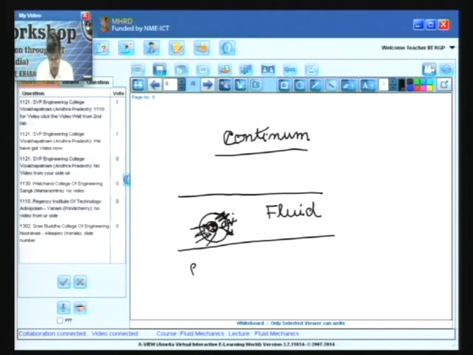Therefore, there is a restriction on the size dV, and the number of molecules residing within the small volume depends upon the molecular spacing, which depends upon the state of the fluid. For example, for a gas, if the pressure is low, then the molecular distance is more.